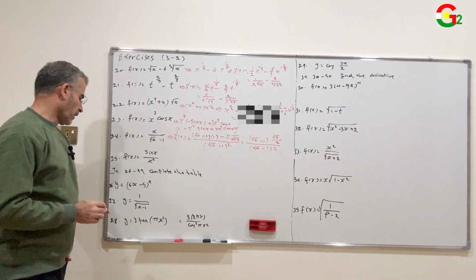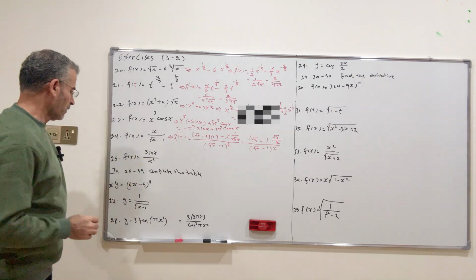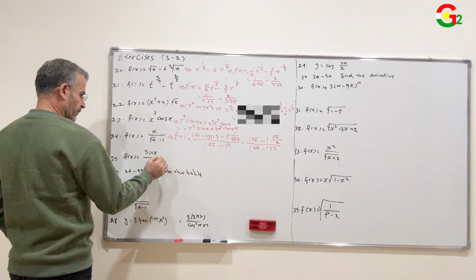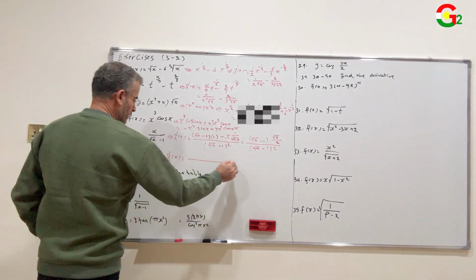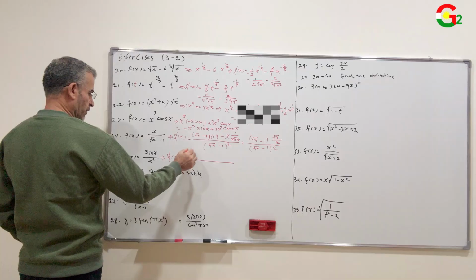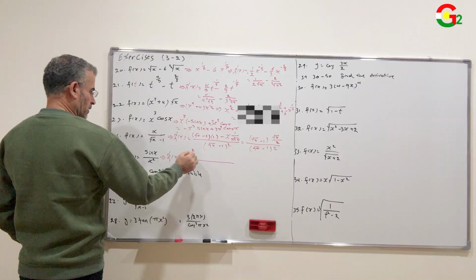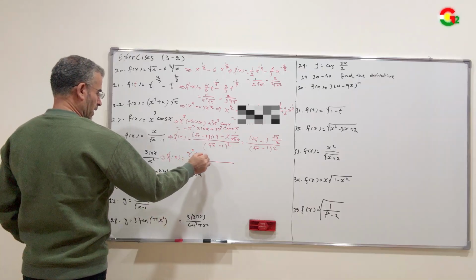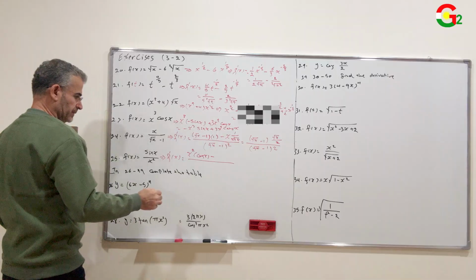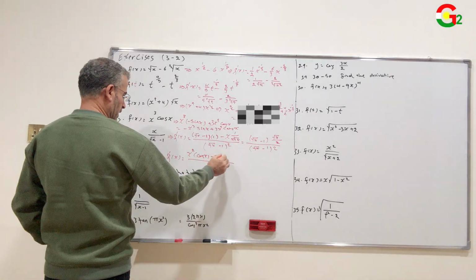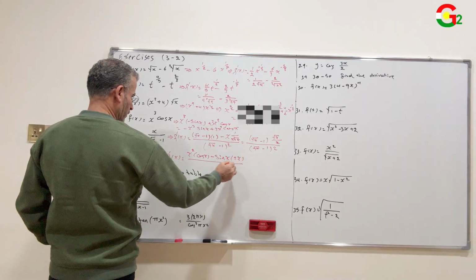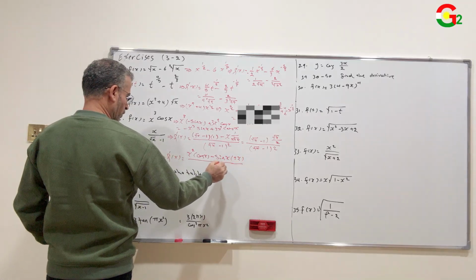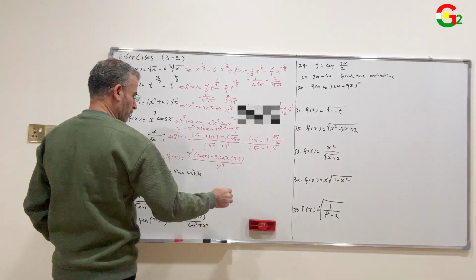Question number 25. F of x equals sine x over x power 2. Also apply the derivative of division of two functions, x power 2 times cosine x minus sine x times 2x over x power 4.